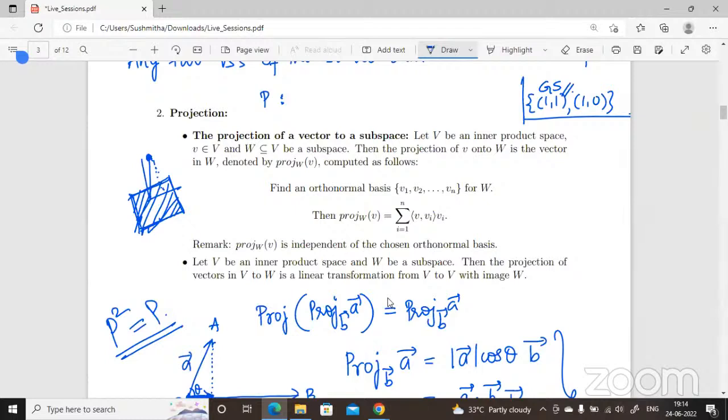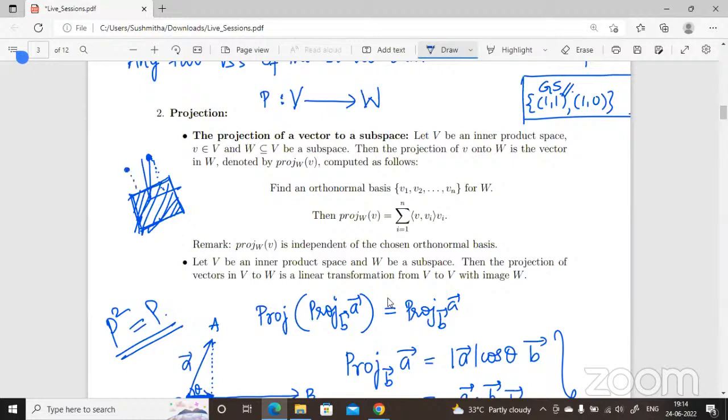So projection can be treated as a function from any point in the vector space to the subspace where you want to project it. You're projecting it onto some subspace. That is your range, right? The output is going to be on the plane. And the input is you take any vector.